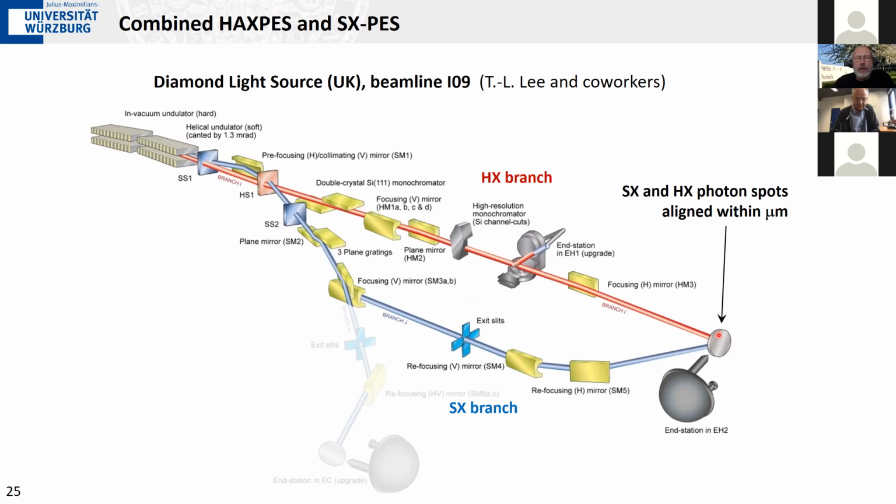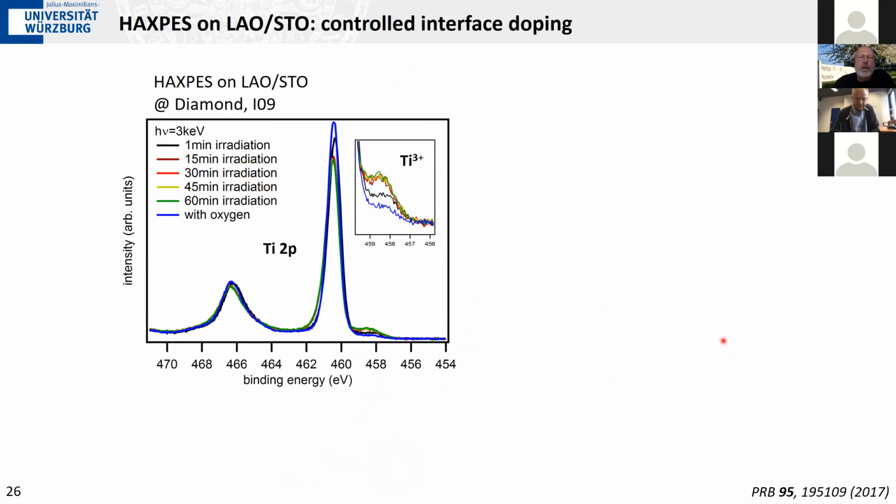They light up the same region of the sample within micron precision, but the distance from the light generating undulators to the sample is 70 meters. So that's really a macroscopic distance, but then at the end, my colleagues here at the Diamond Light Source achieved to focus this within microns on the same spot. That's spectacular.